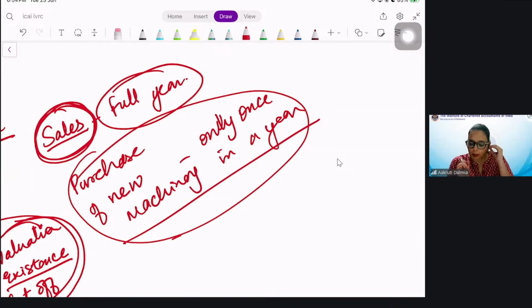But if there is some problem in the purchase of new machinery, because it does not happen very regularly, the auditor's mindset towards the internal control of machinery will be very different from the auditor's mindset towards the internal control of sales.